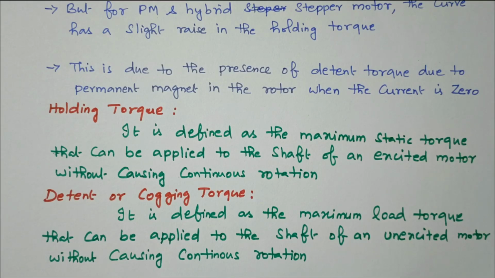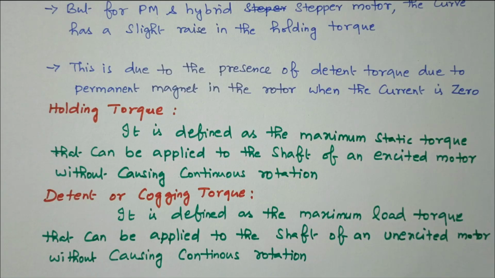Holding torque is the maximum torque that can be applied without causing continuous rotation. The second characteristic is holding torque versus current. That was discussed for three different motors: variable reluctance stepper motor, permanent magnet stepper motor, and hybrid stepper motor.